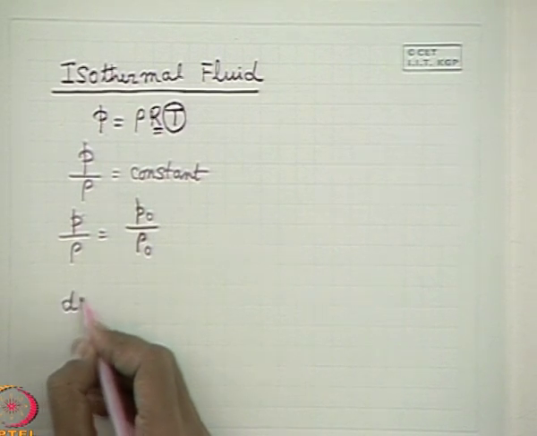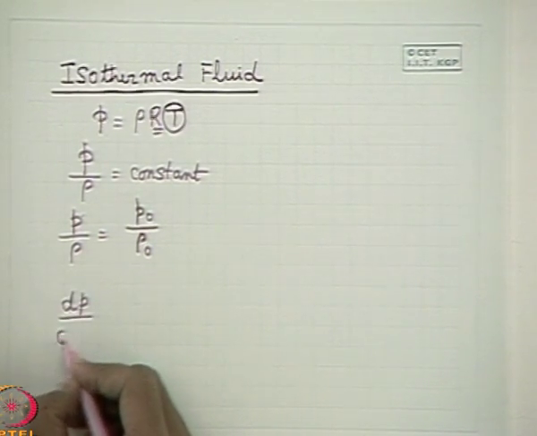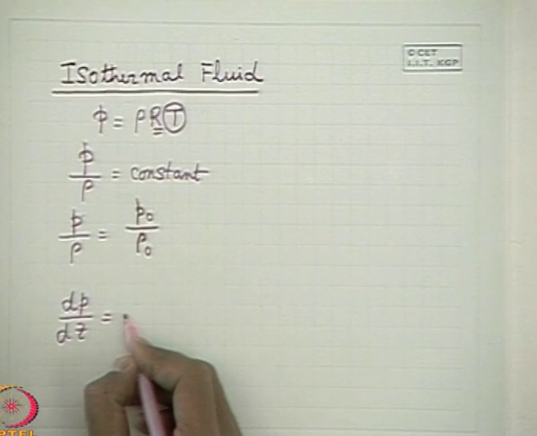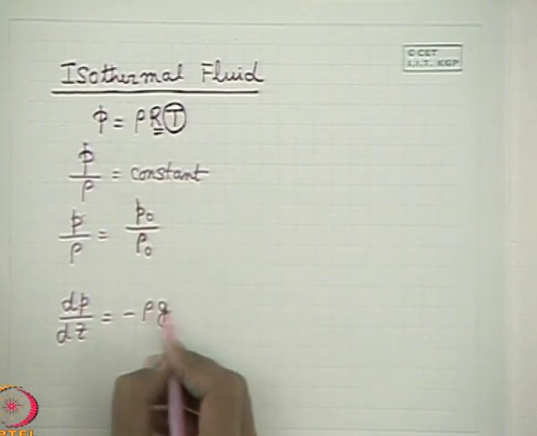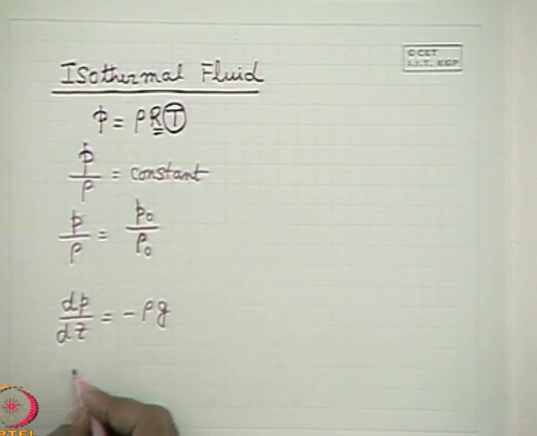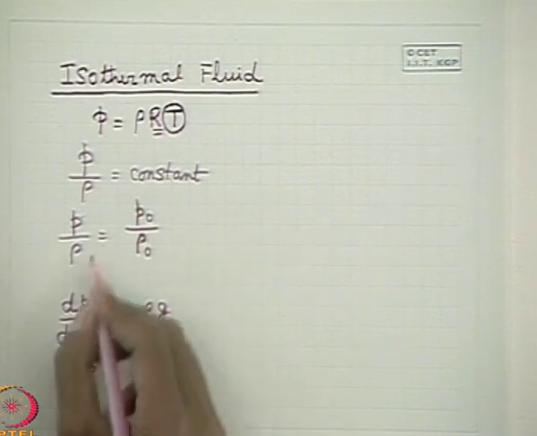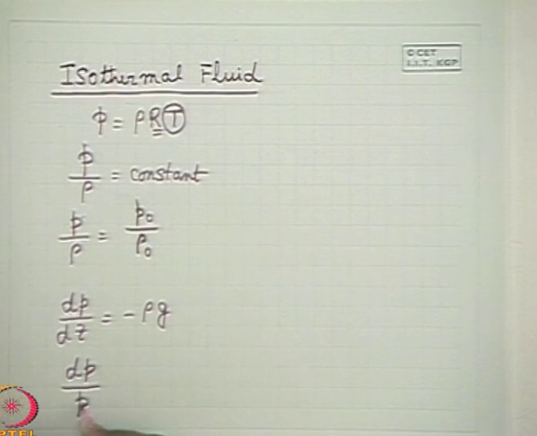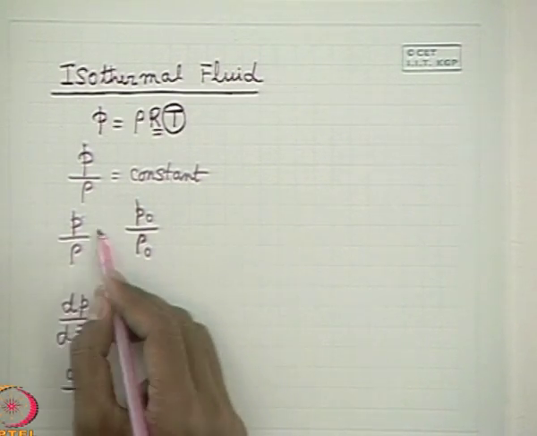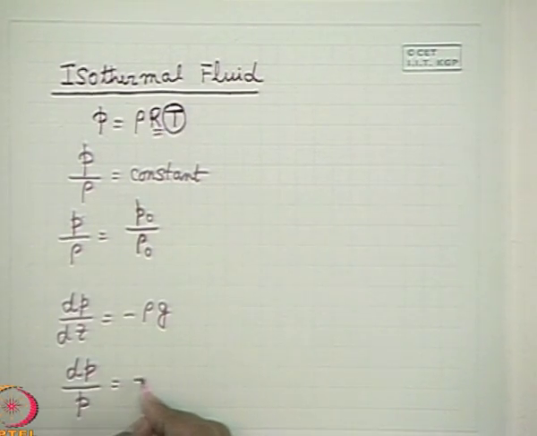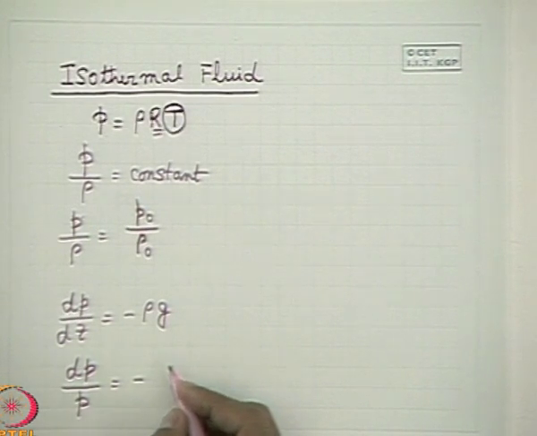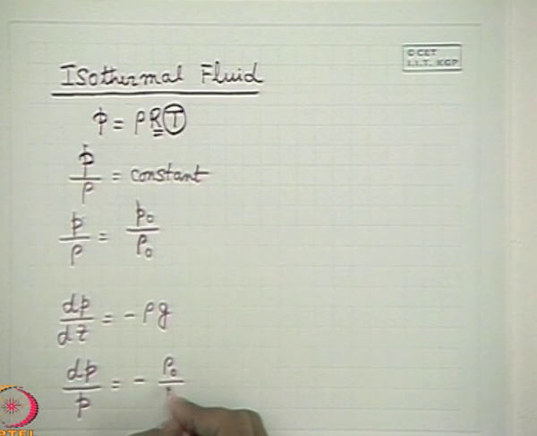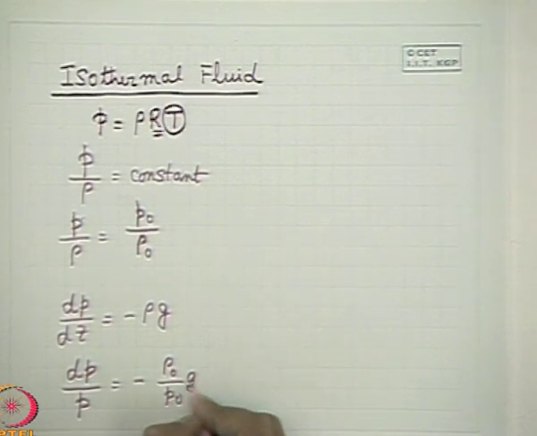Now the simple task is to solve dP/dz equals minus rho g. By substituting the value of rho from this equation, we get dP by P equals minus rho 0 by P0 g dz.